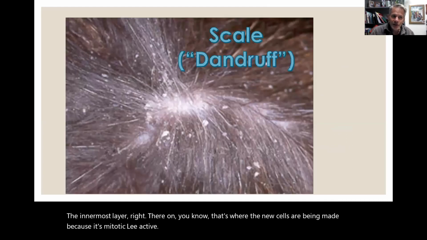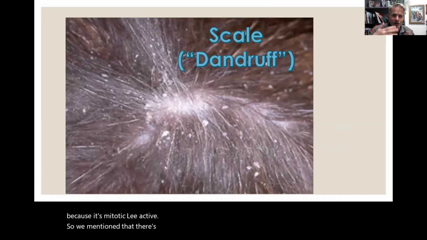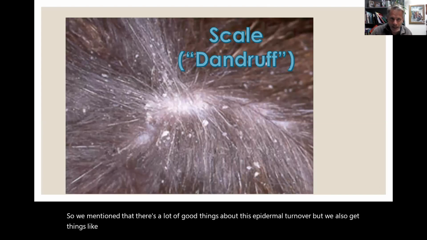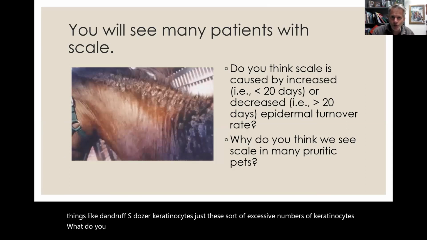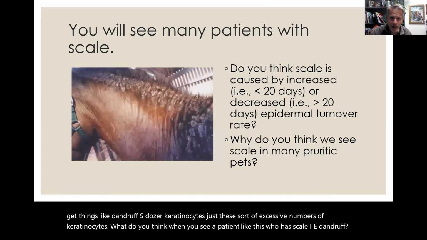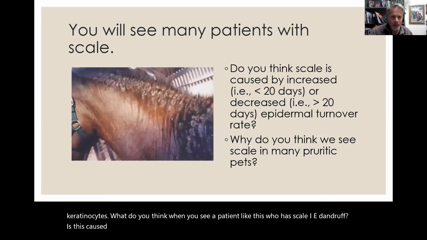So we mentioned that there's a lot of good things about this epidermal turnover, but we also get things like dandruff. Dandruff, those are keratinocytes, just these sort of excessive numbers of keratinocytes. So what do you think? When you see a patient like this who has scale, i.e. dandruff, is this caused by increased epidermal turnover or decreased epidermal turnover?